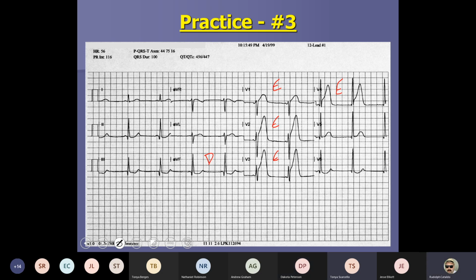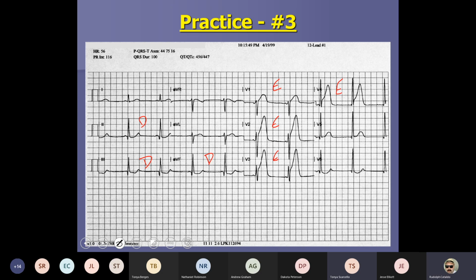There you go. Those are the alike leads for AVF, right? Okay. So I have elevation on which side of my heart? On the left side. Yep, and I have depression on which side? The opposite, right? Right side. Yep. So looking at this, what kind of MI could we call that?